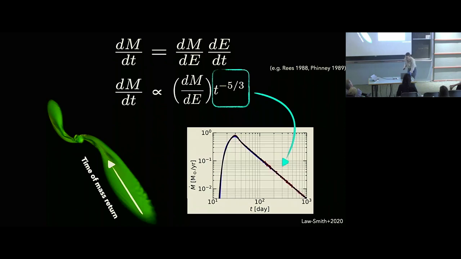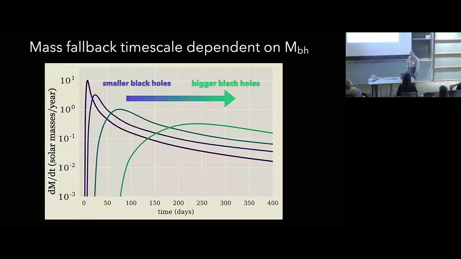You can ask me. Another dependence that you can calculate analytically, but it takes a bit longer, and so I didn't do it here, is that the mass fallback timescale is dependent on black hole mass. This is the mass fallback timescale I showed before. The shape looks different because the last plot was in log-log space, if you didn't notice, and this one has linear time. So you can see a more power law looking decline here.